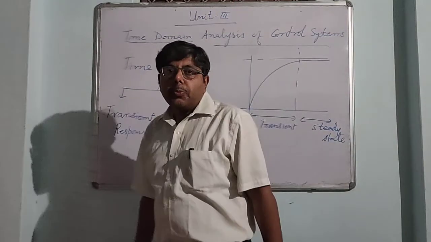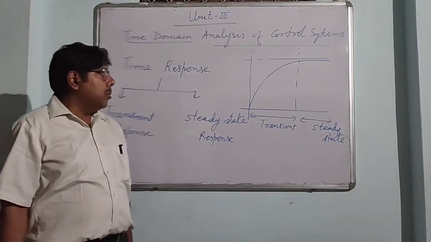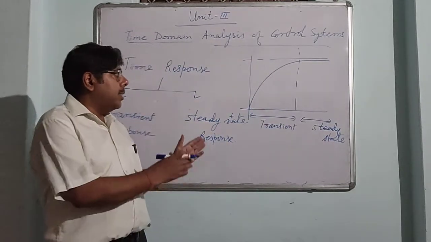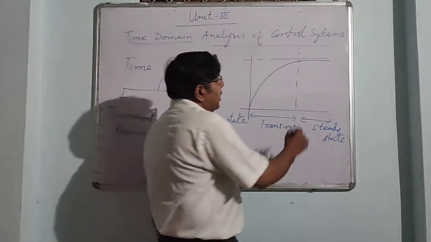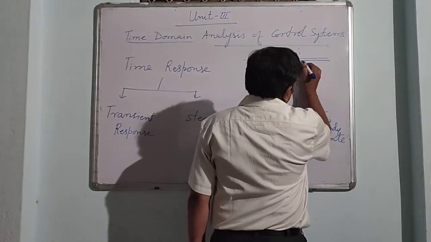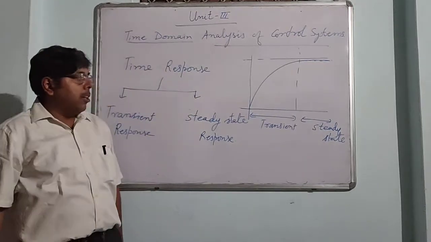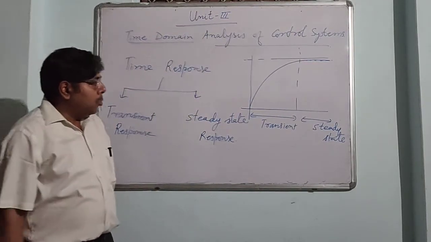So transient response is that part of the response which dies after a large interval of time. But steady state response exists after a large interval of time. So we have two parts.